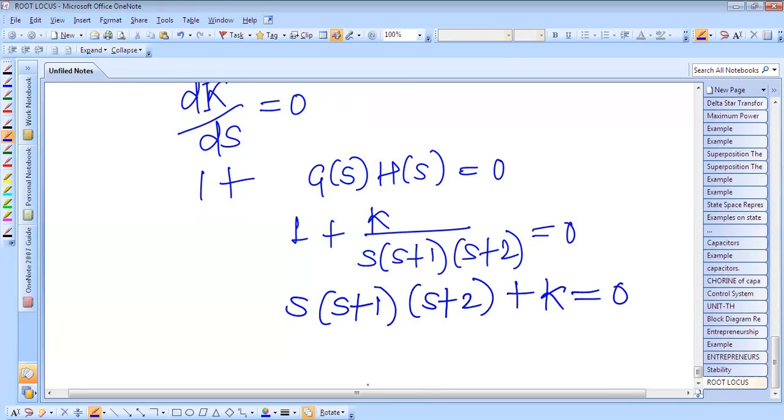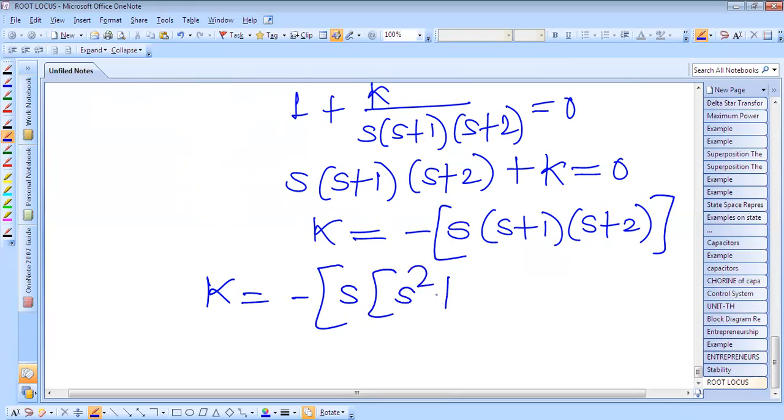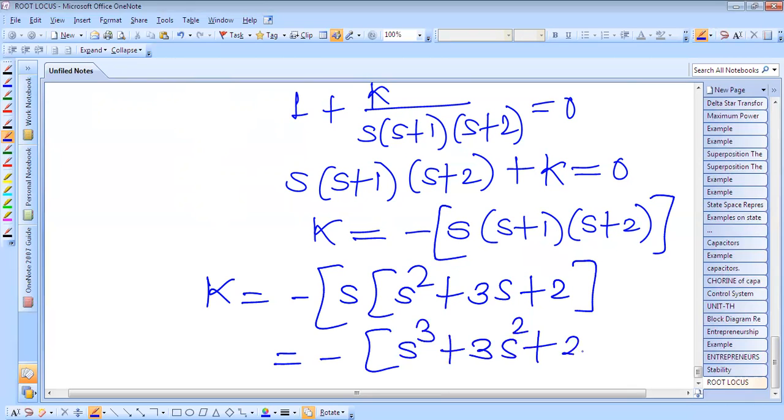Okay, we are interested here in finding the value of k because we have to differentiate with respect to s. So we will solve this equation for k. If we solve this, k is equal to minus s into (s plus 1)(s plus 2), therefore this is minus (s cube plus 3s square plus 2s).